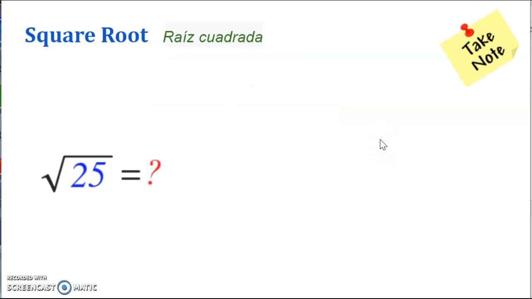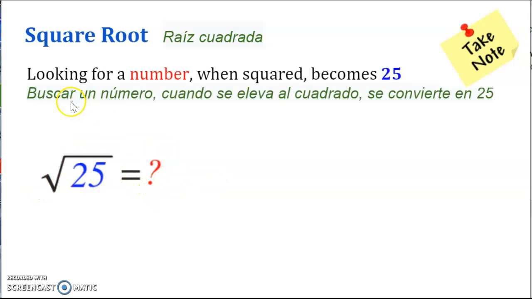And let's begin by taking some notes. What is the square root of 25? Well, we're looking for a number that, when squared, becomes 25. A number times itself is what we mean by squaring. What does that number have to be?